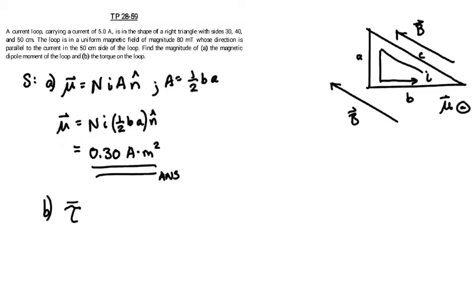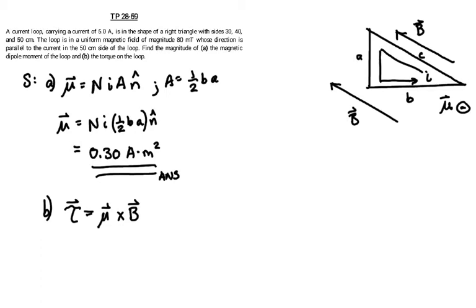All right, now for part B. We know that if we want to calculate the torque, then we need to do the cross product on our magnetic dipole moment and our magnetic field vectors. Now, before we get into actually calculating this, let's first rewrite our cross product in terms of magnitude and angle. Now, when you put the cross product in the magnitude and angle form, it ends with a trig term, and the dot product also ends with a trig term, but they are different.